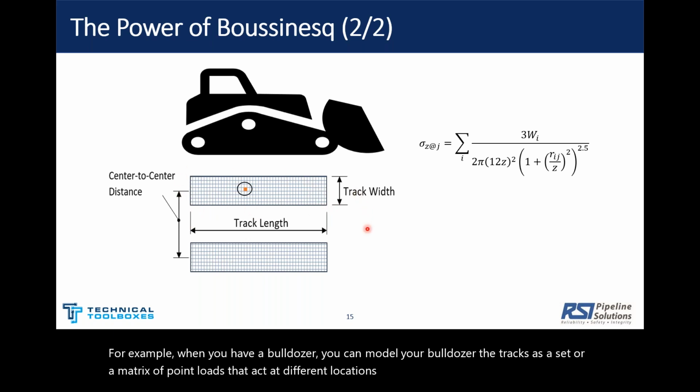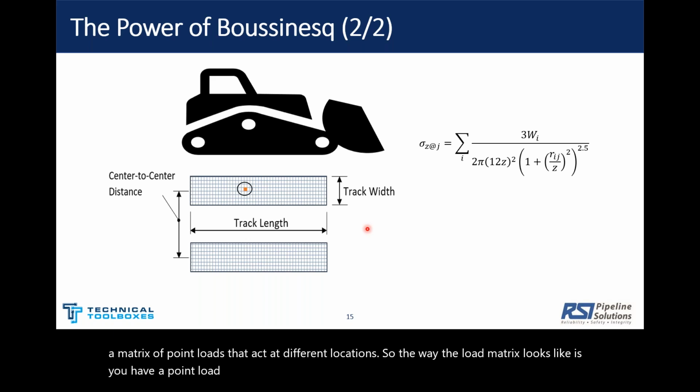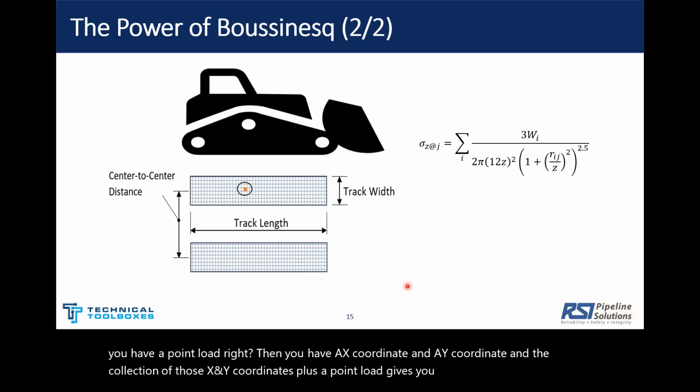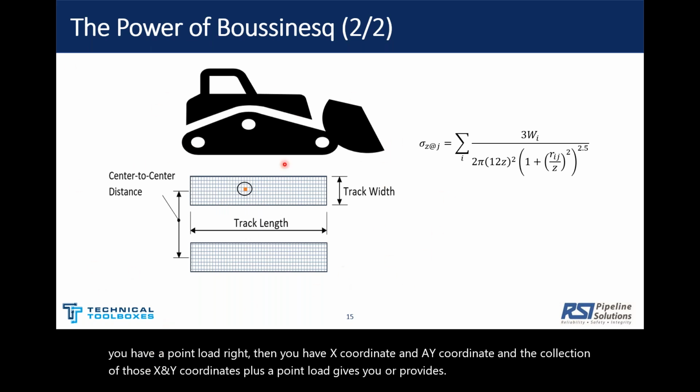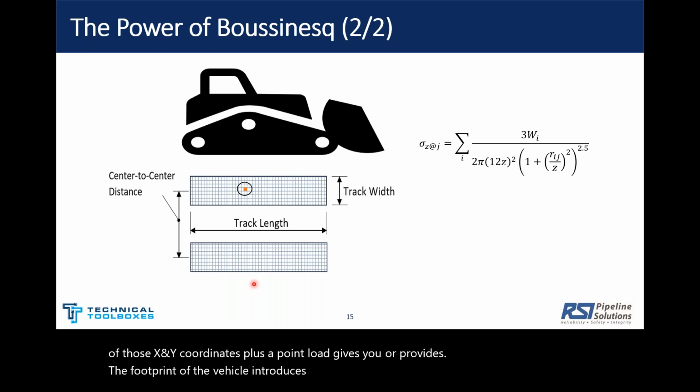The load matrix looks like this: you have a point load, then an X coordinate and a Y coordinate. The collection of those X and Y coordinates plus a point load provides the footprint of the vehicle and introduces that footprint to the program.